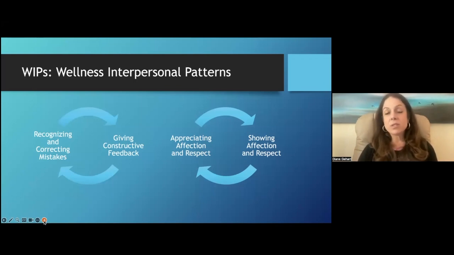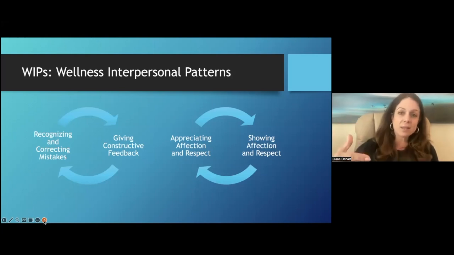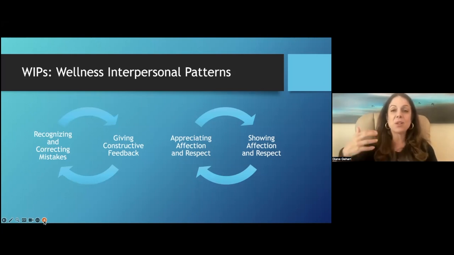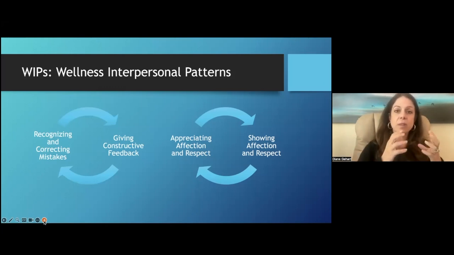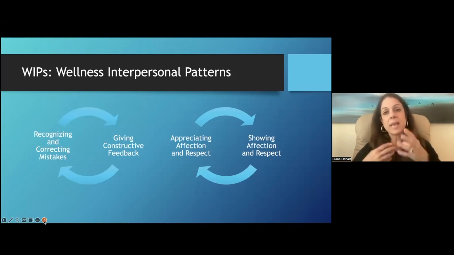Like with parents and children, let's say a child takes responsibility, the more the parent can appreciate that and give them more freedoms. And the more freedoms they have, that will hopefully inspire the child to be more responsible and to create this positive interaction cycle.